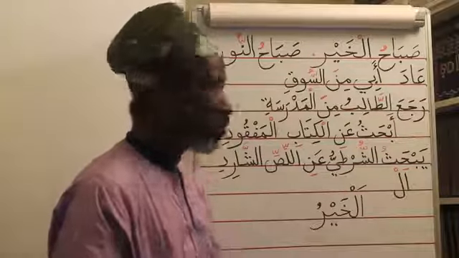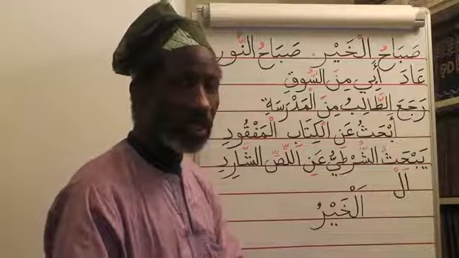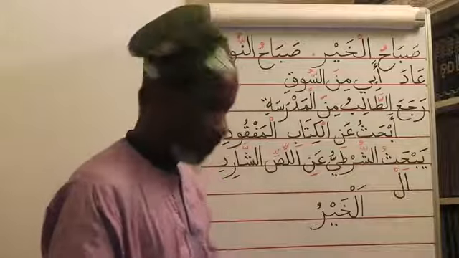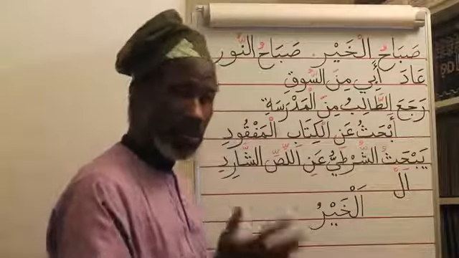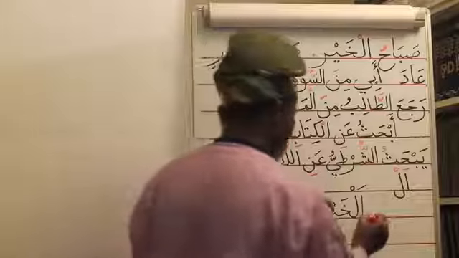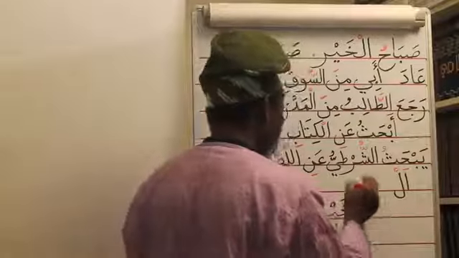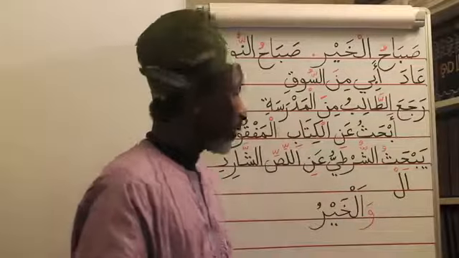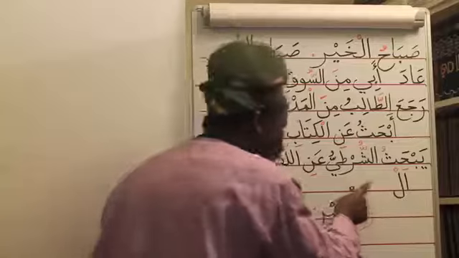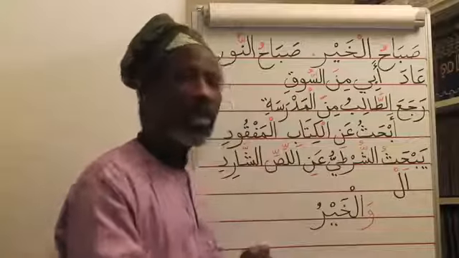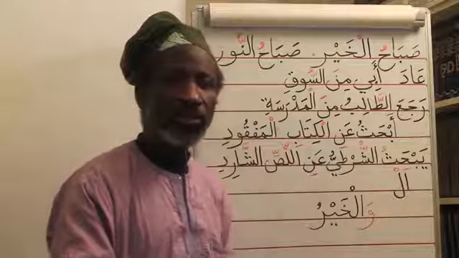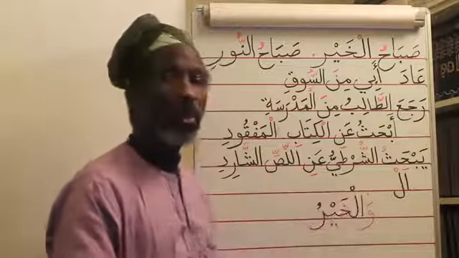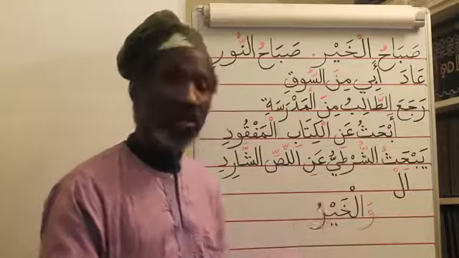See what's happened if I say and the goodness. What's and? And is wa. Just by adding one letter before that alif, by putting here wa, now the alif is not at the beginning anymore. So therefore that alif will be suppressed. The alif now becomes silent. You will say wal khayru, not wa al khayr.